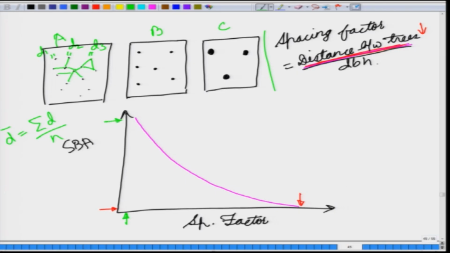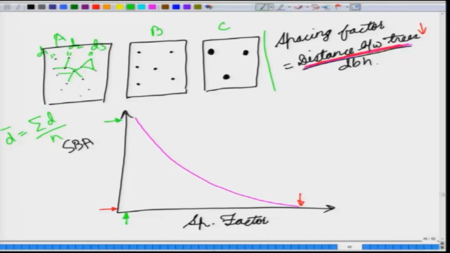Similarly, if we do not talk about the distance between the trees, and we keep trees at the same distance, now if the DBH of these trees is less, that is, you have trees with smaller diameters, with smaller DBH, then the spacing factor will be more.